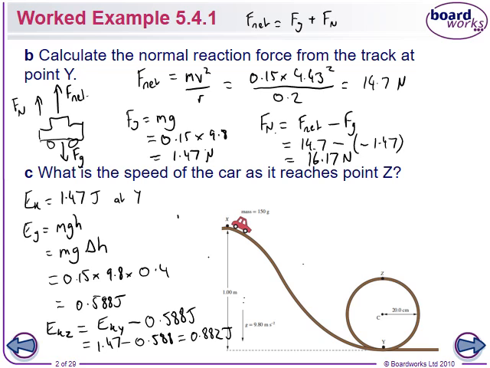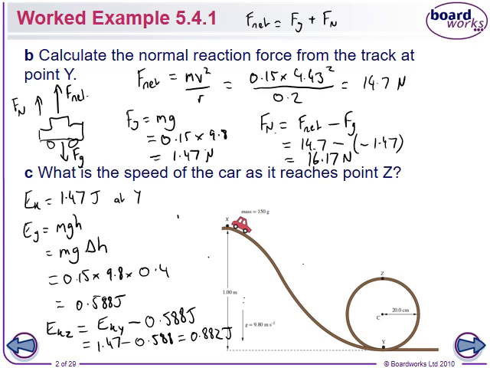So at point Z, our cart has 0.882 joules of kinetic energy. Okay? It started with 1.47 down here, but it had to give away 0.588 to get up to Z, to raise its height.